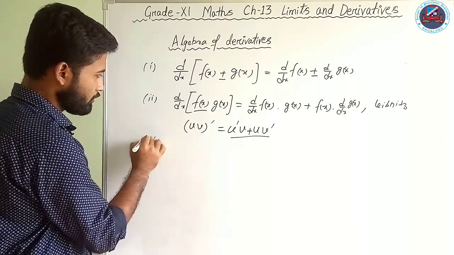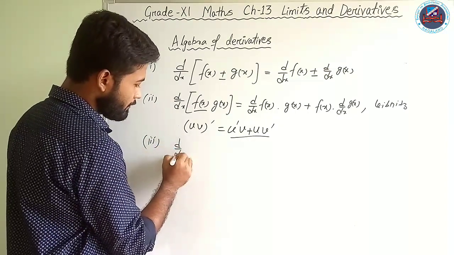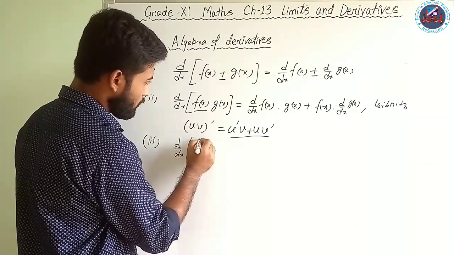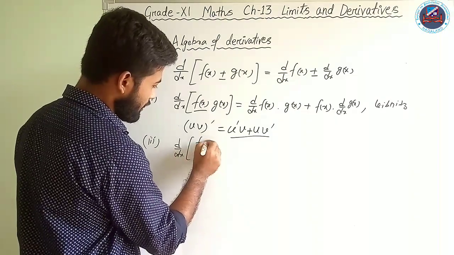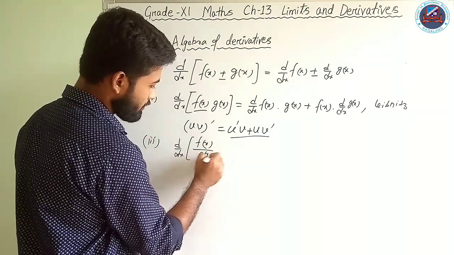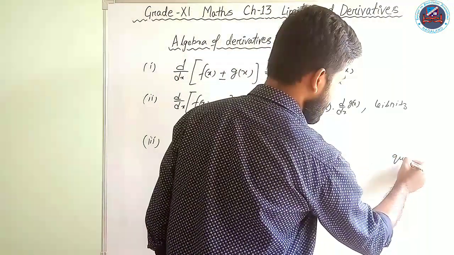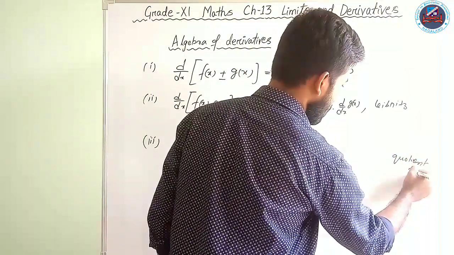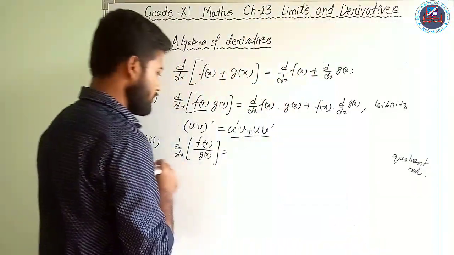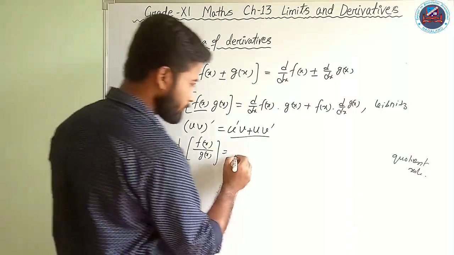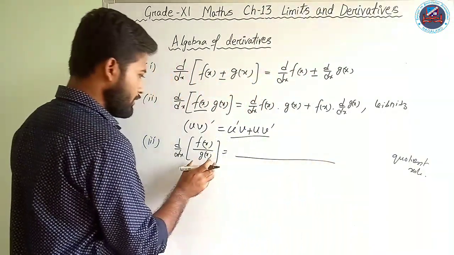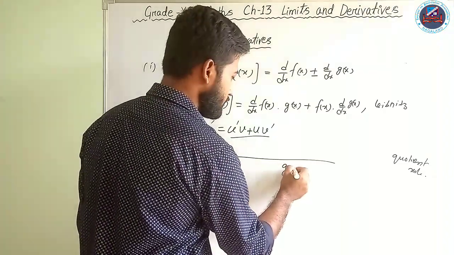Now the third one, another important one, is the derivative of the function of quotient form, that is f(x) by g(x). This is called the quotient rule. So how to find the derivative of this? In this case you need to write g(x) square here.